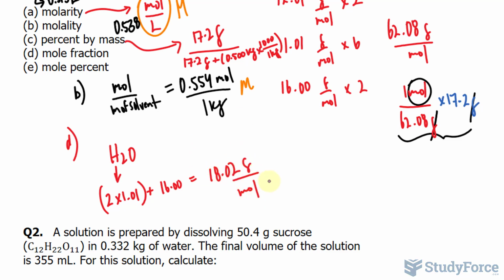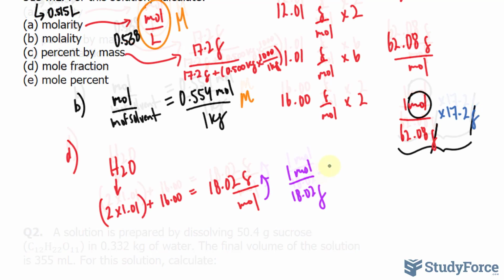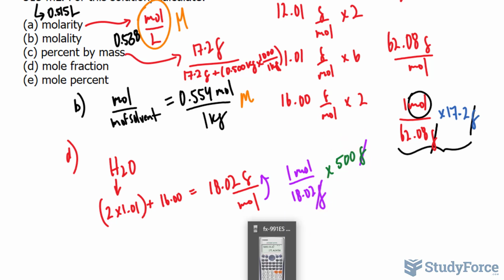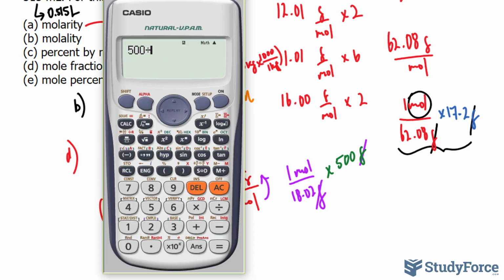We'll now reciprocate this and multiply it to the mass because we want the moles of water only. And we'll multiply this by the mass, which was 0.500 kilograms, converted into grams is 500. This cancels out with that. And using our calculator, 500 divided by 18.02 gives us 27.74.